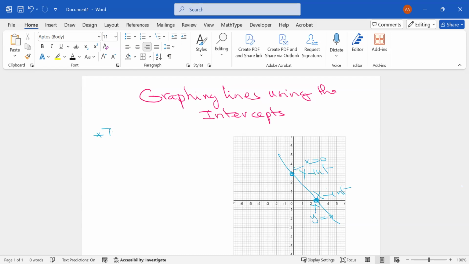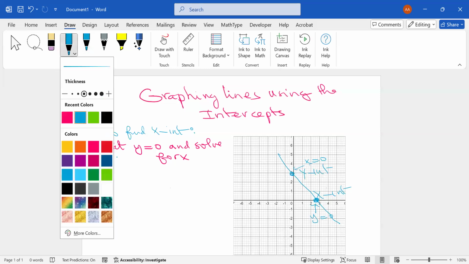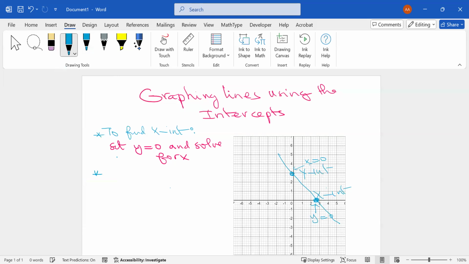If you want to find the x-intercept, what you do is set y equals 0 and then solve for x. And conversely, if you want to find the y-intercept, you do the other way around.